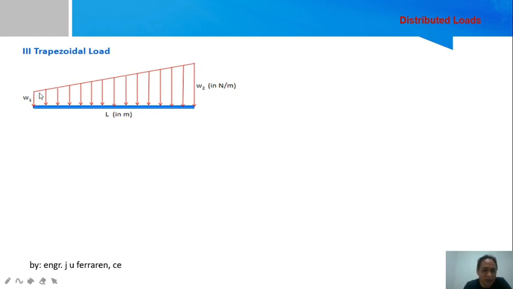If this is W1 here, you remove your triangle, isolating a rectangle element from the trapezoid. The triangle left has an altitude of, what is the value? A difference of the load intensity. So, what is left here is W2 minus W1, because W1 is used as the uniform load intensity for your rectangle.